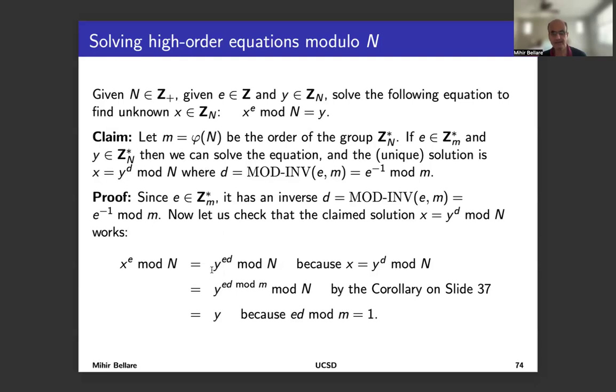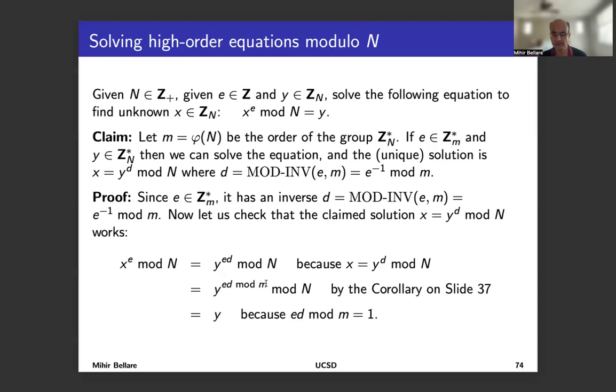So we plug that in and we get this. But now we see e times d in the exponent. And we remember one more fact, which is whenever you work in the exponents, it's implicitly or explicitly modulo the group order. So the group order here is what we call m. And I can effectively, for free, throw that into this equation.